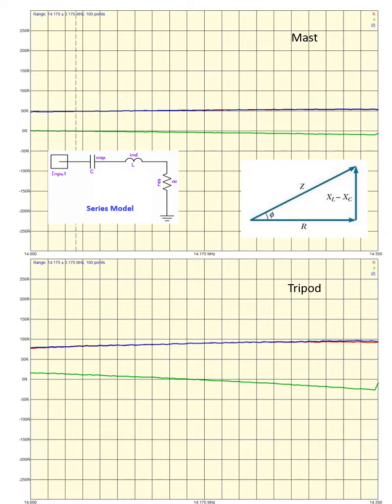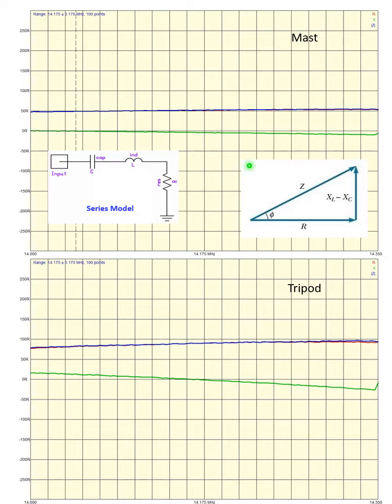Now we take a look up here: the red R is resistance, the green X is reactance, and the magnitude of Z is blue. So this is the magnitude of Z, the length of this vector. The reactance is the length of this vector, and the resistance is the length of this vector.